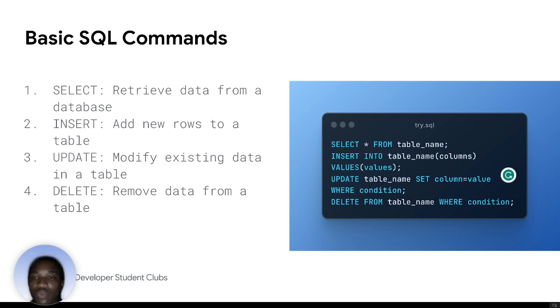The insert command is used to add new rows to a database table, and update modifies existing data in a table. The delete command is to remove data from a database table. So these are basically CRUD operations: the create operation, the read operation, the update operation, and the delete operation. For create it is insert, for read it is select, for update it is update, and delete is the D.